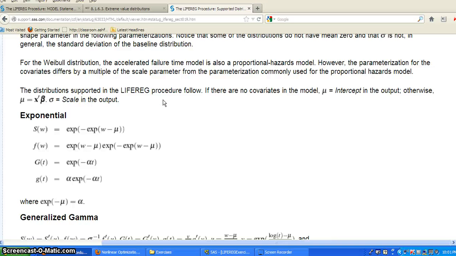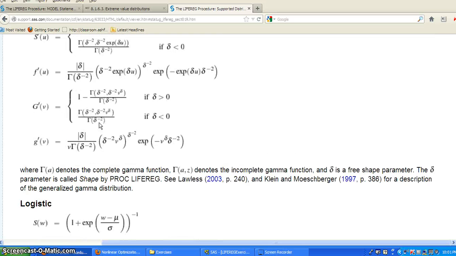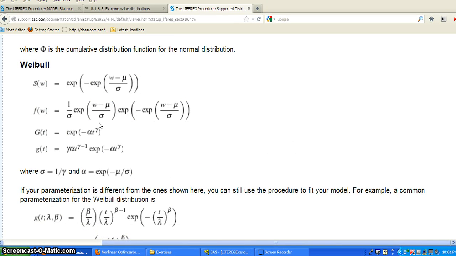Okay, so if we call the LIFEREG and the model and distribution exponential, then its survival function, density function, and hazard function look like this. And also the Weibull distribution. So basically we're going to have a mu, which is the intercept, and sigma, which is the scale parameter.